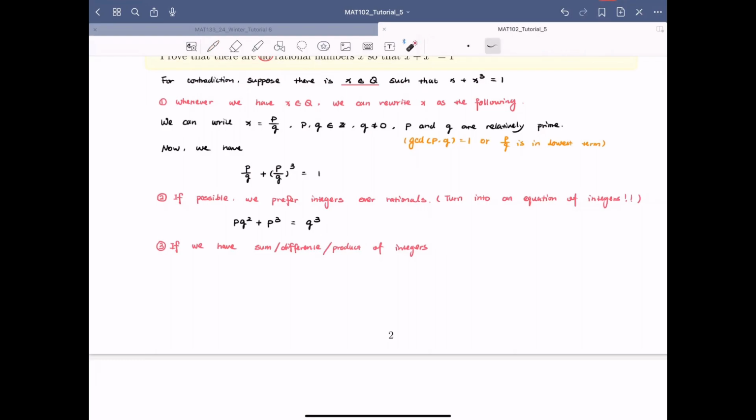I did not say division, because then you might not have integers anymore. Those three operations will still give you an integer, but if you divide, then you might not have integers anymore. That's why I am not mentioning it. If we have those, the following few techniques are very useful.